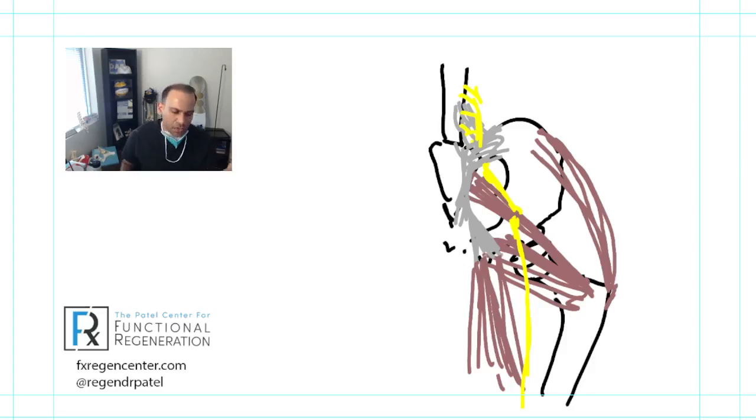And that can help us determine, all right, what exactly is the pain generator? And sometimes it's a matter of just treating that pain generator and we can get significant relief. Sometimes we need to treat other pieces of the puzzle as well. And by doing that, we can really get long-term benefit.